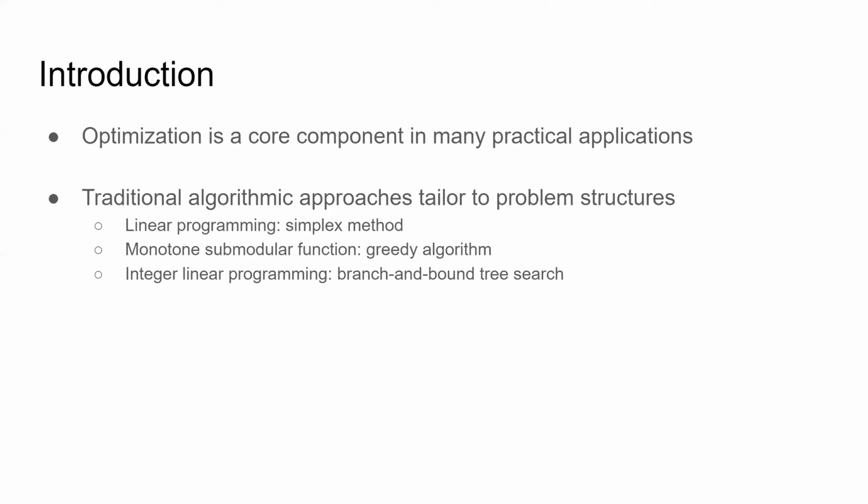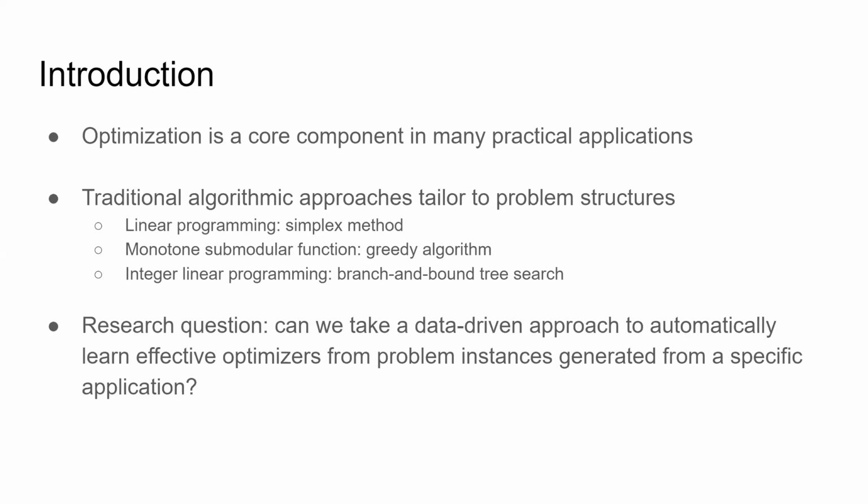And here the tree search structure is tailored to the problem structure because the variables are discrete integers. That's why we can formulate the search problem as navigating a combinatorial search tree space.